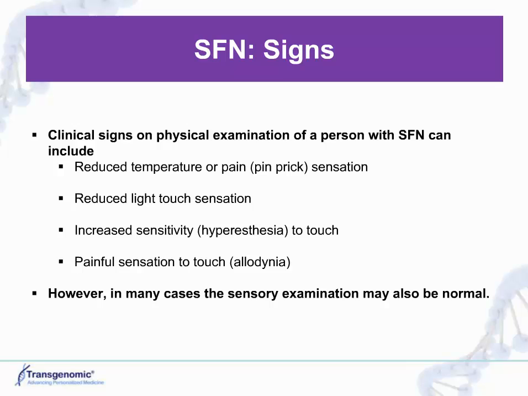However, as mentioned before, in many cases, the sensory examination may also be normal. And as you can imagine, this can potentially make the diagnosis of this condition more difficult.